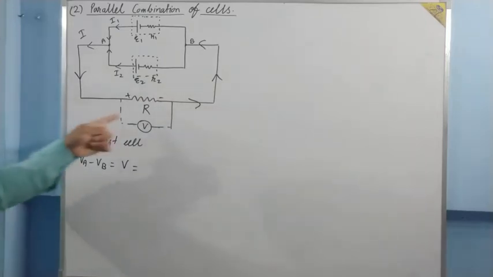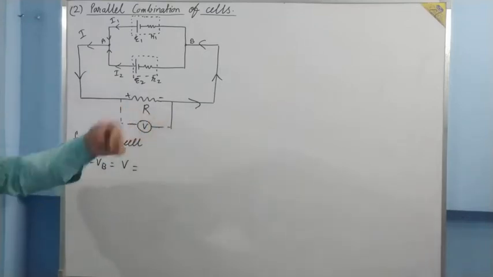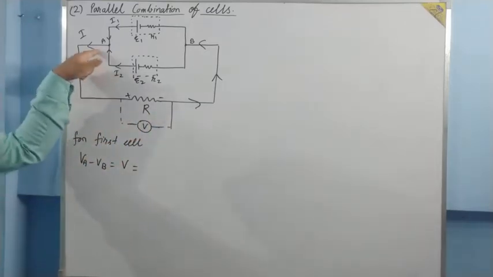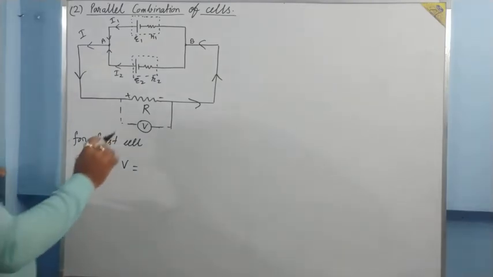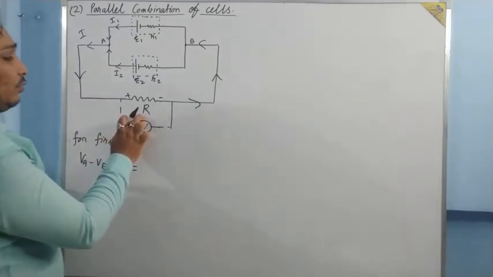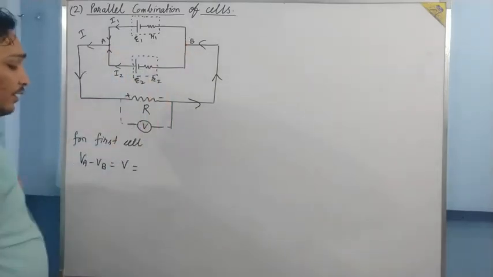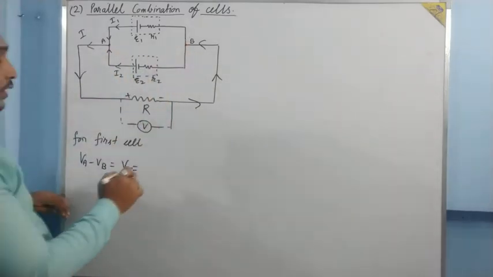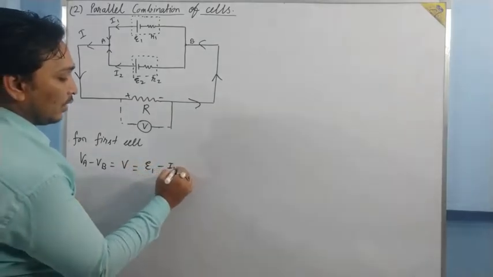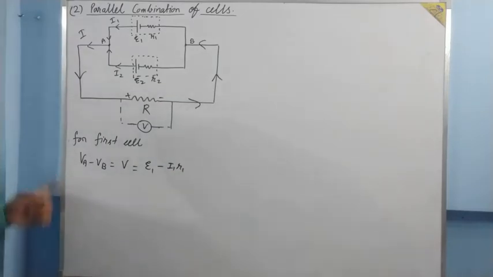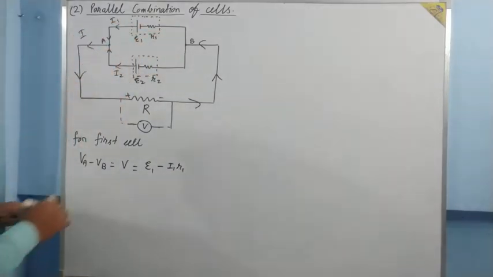So whatever be the potential difference across R, it will be the potential difference between the potential at point A and the potential at point B. So basically it is V. It is equal to what? E1 minus I1 r1. Currents are different. In this branch current is I1, in this branch current is I2.